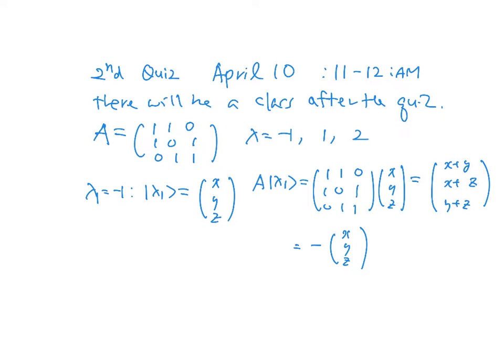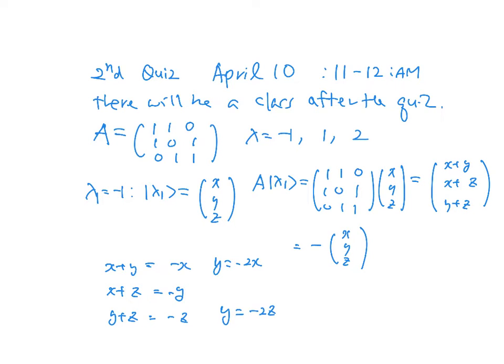So x plus y is minus x, x plus z is minus y, y plus z is minus z. So y is minus 2x, and y is minus 2z.